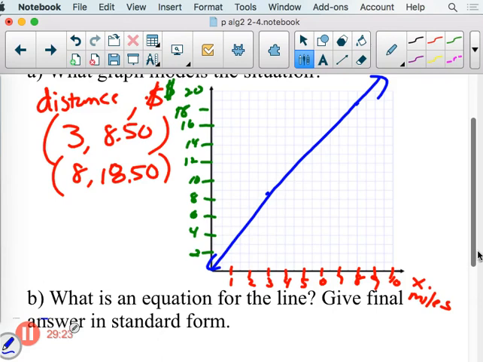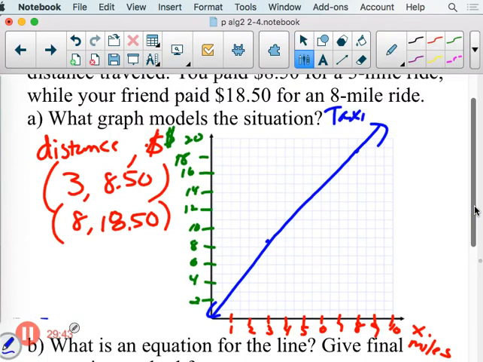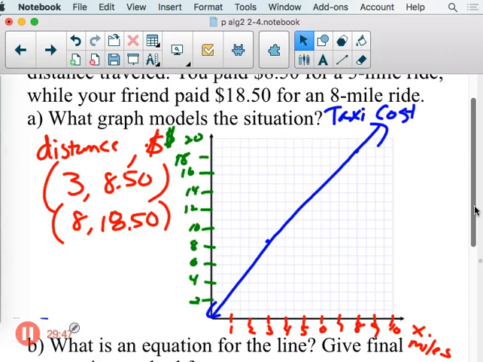So 0, 0 should make sense. I mean, if you're not going any miles, you're not getting in the cab, then nothing's happening. You're not going to have to pay that fee because the meter won't run. You haven't gone anywhere. And this one, label at the top, I suppose we could put something like taxi cost.